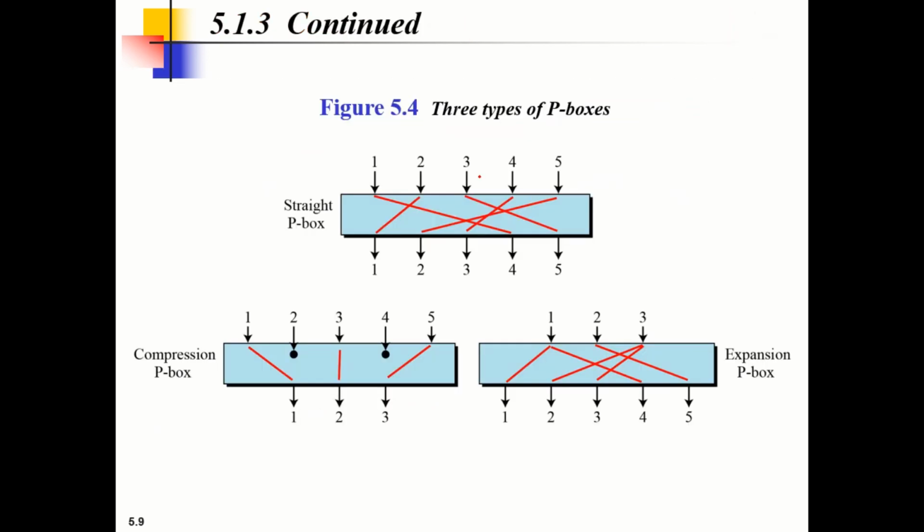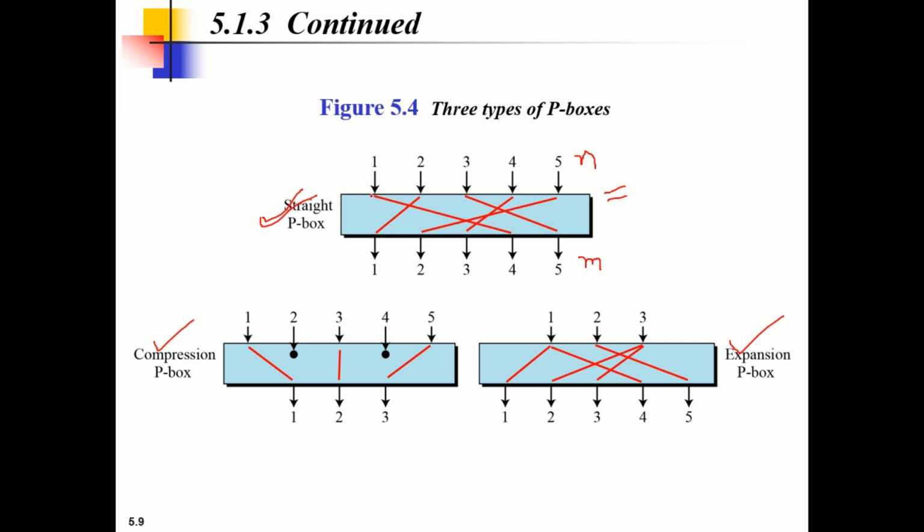So three types of P boxes we can have: straight P box, compression P box, and expansion P box. Based on the number of inputs and outputs, these three types of P boxes are available. In straight P box, what do we have? Say for example, the number of inputs are n and the number of outputs are m. If n and m are equal, then the P box is called straight P box.